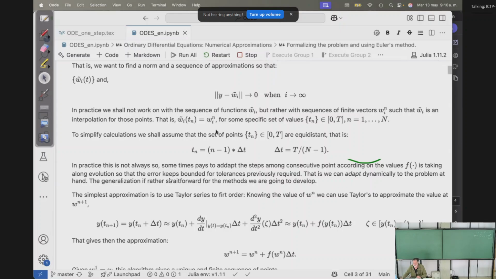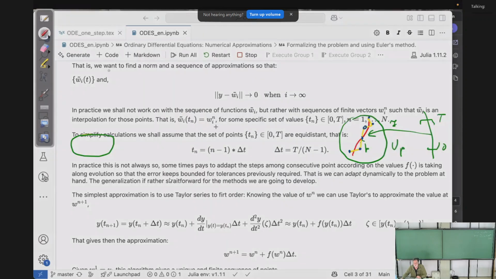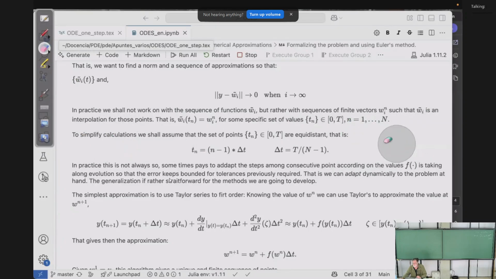So we are going to see this sequence of these points. And we can assume that the sequence of the t_n is in this interval.